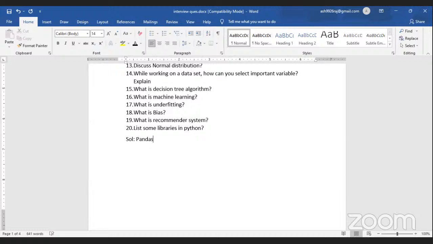Pandas is used for data manipulation and analysis.